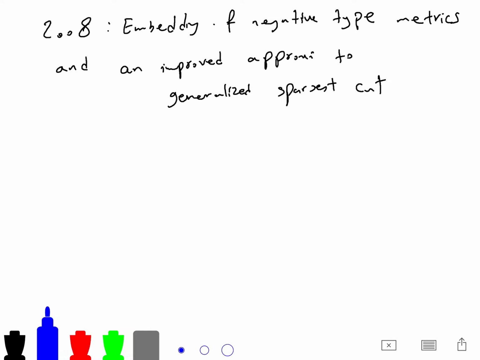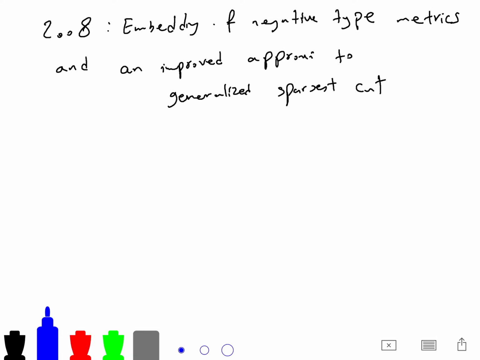So far we have talked about generalized sparsest cut, but now we're going to see how a new algorithm based on measured descent could be useful for it.